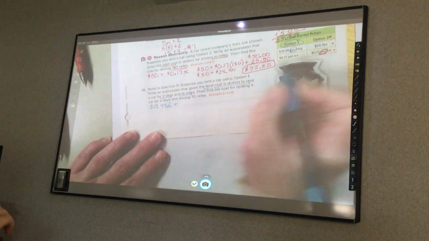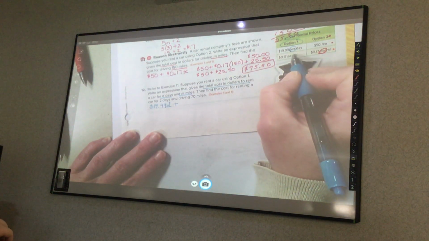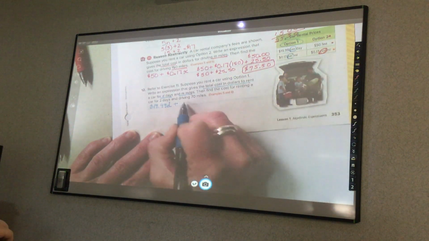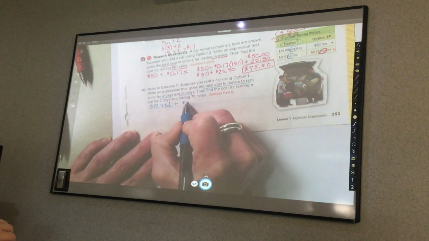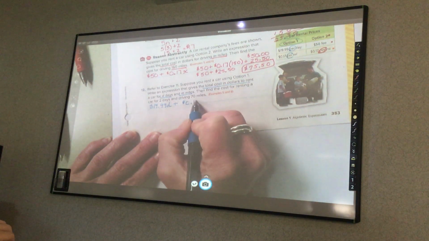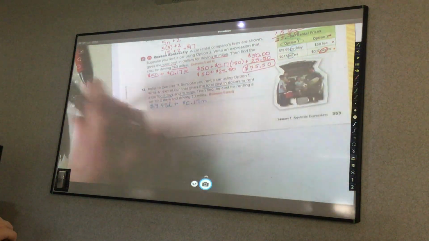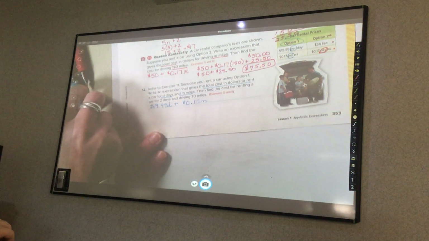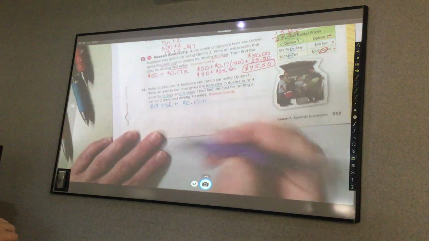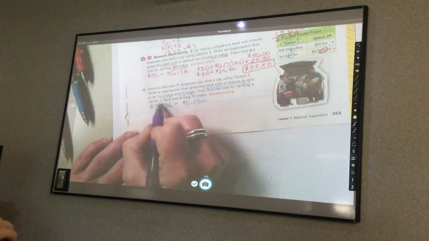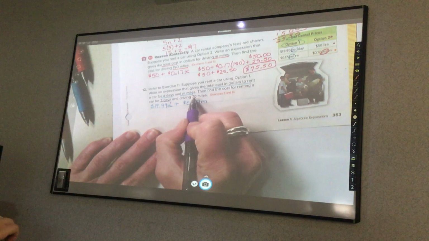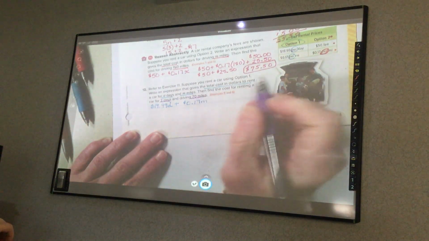plus 17 cents per mile. So it's 0.17 times M. Now I'm gonna go back and it says find the cost for renting a car for 2 days and driving 70 miles.